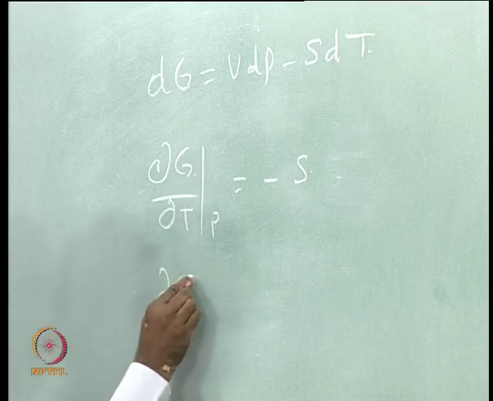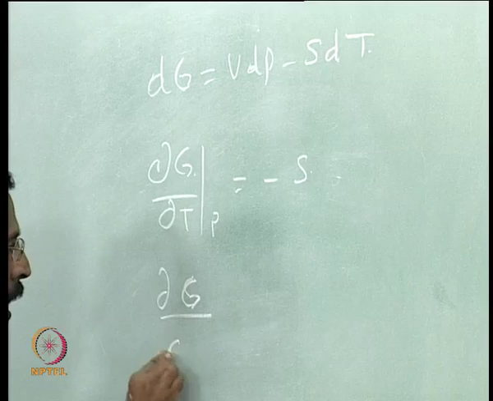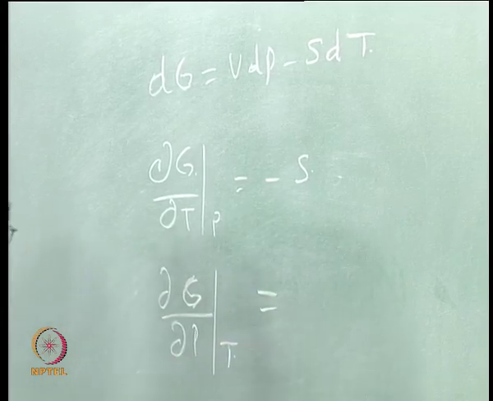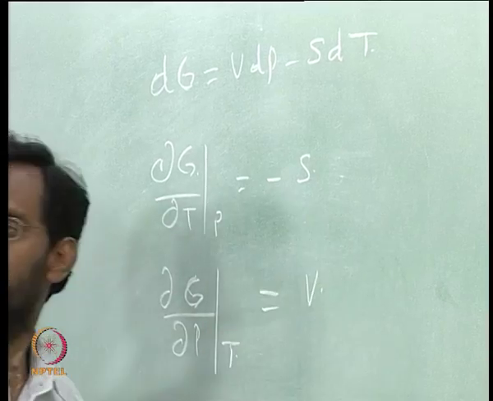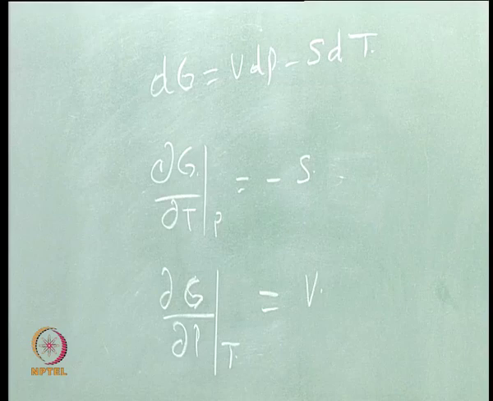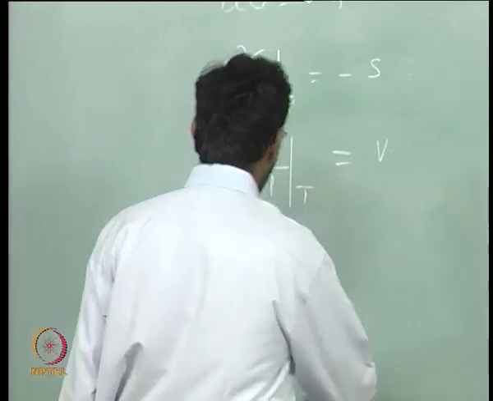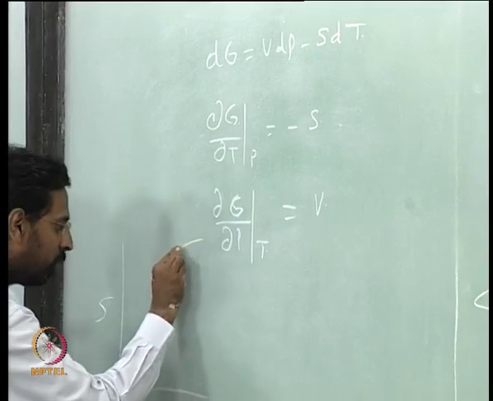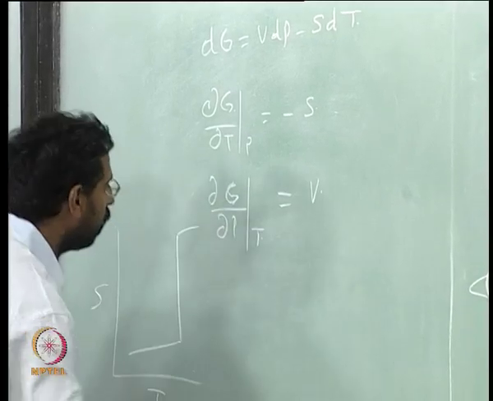Similarly, the first differential of free energy with respect to pressure at constant temperature is nothing but V. So, these two will be discontinuous at the transformation temperature. That means, if I plot S versus T, you will see a situation like this.